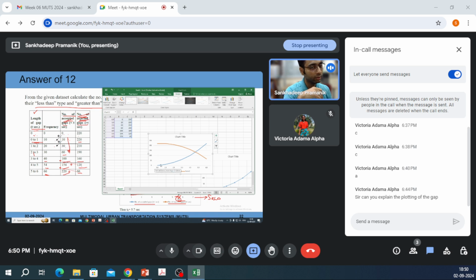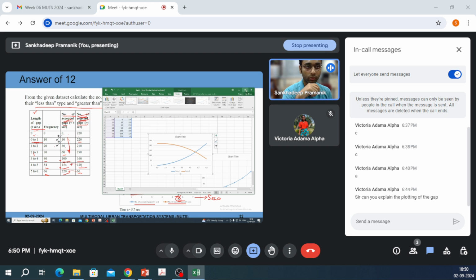And if he is not accepting a gap of 1 second, that means he is rejecting it, so the rejection value is in a decreasing trend, and the intersection value will be the critical gap, this one, which will be between 4 to 5.